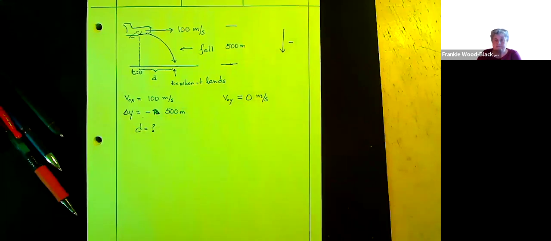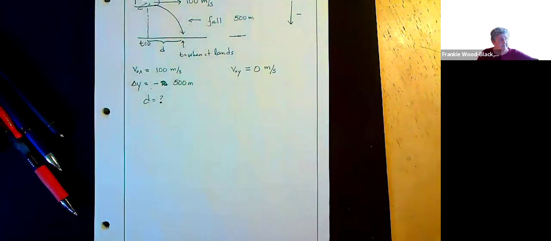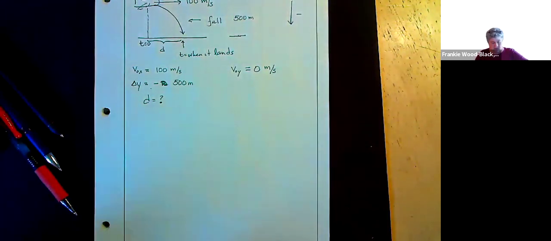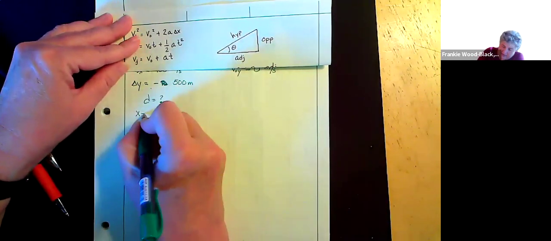All right, couple of things. So let's look at our equations of motion. So we're going to take out our toolkit. There's our toolkit. And we're going to look at what's happening in the x direction.